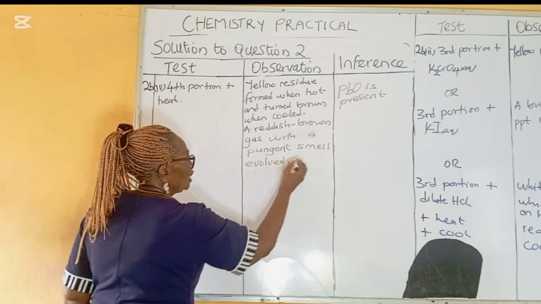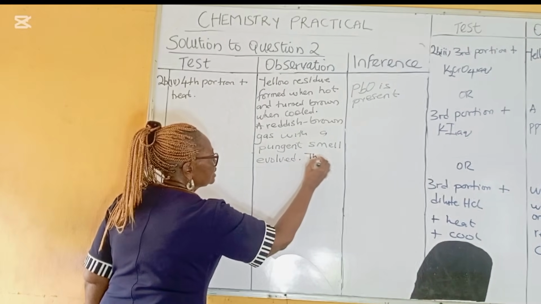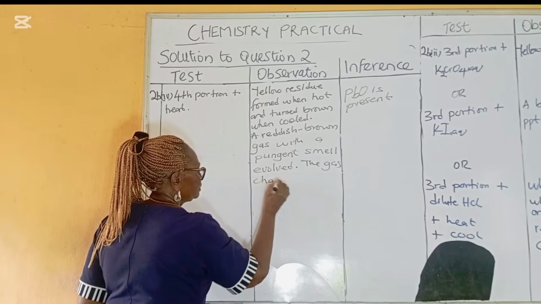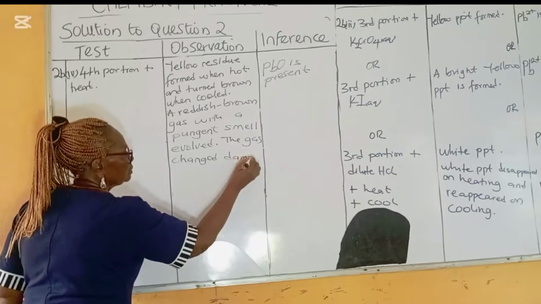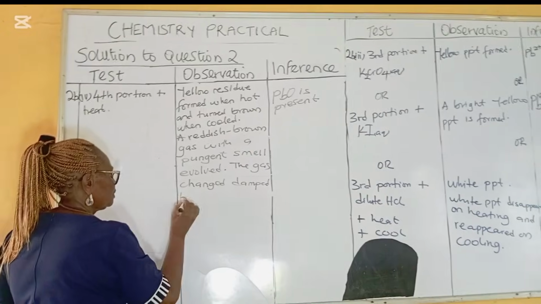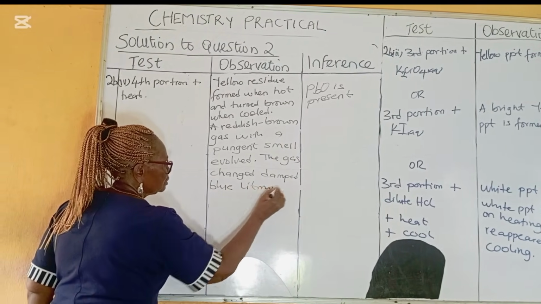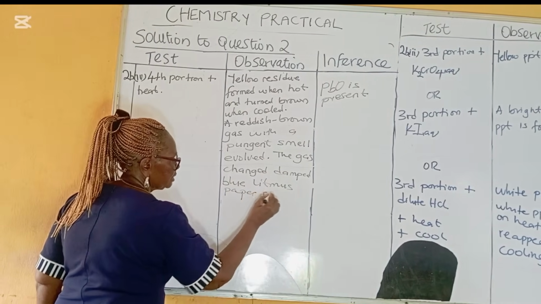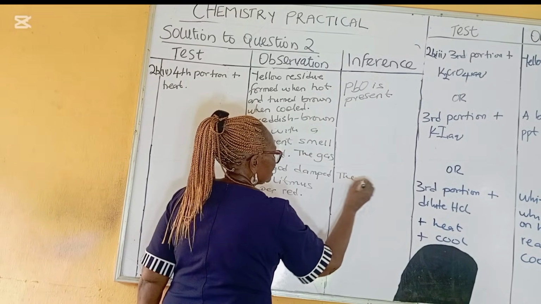Then you have to test the litmus paper. The gas changed damp blue litmus paper red. You say the gas is acidic.